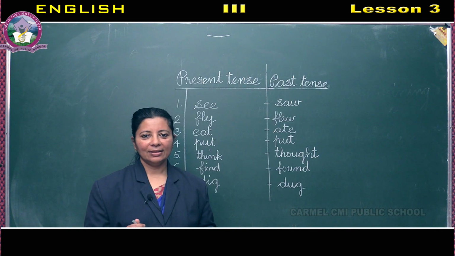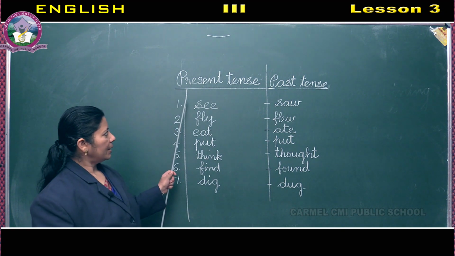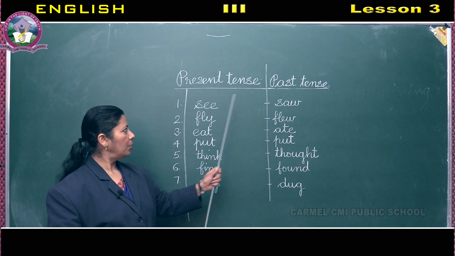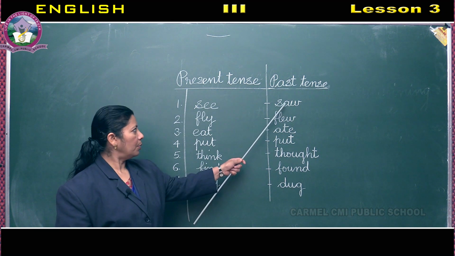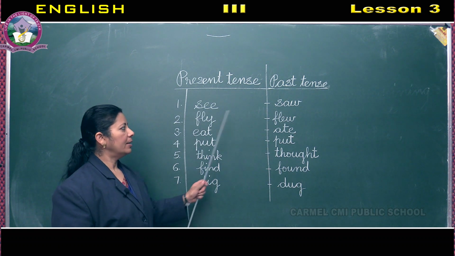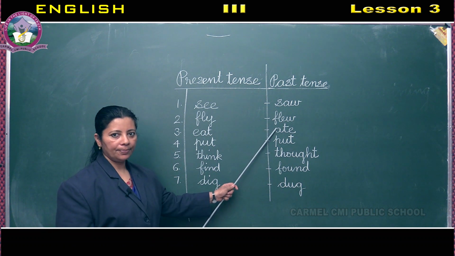Now we can learn present tense and past tense. Present tense, see. Past tense is saw. See, saw. Fly, flew. Eat, ate.